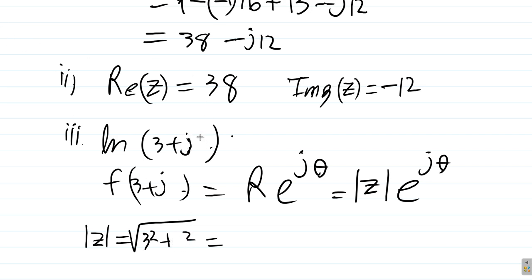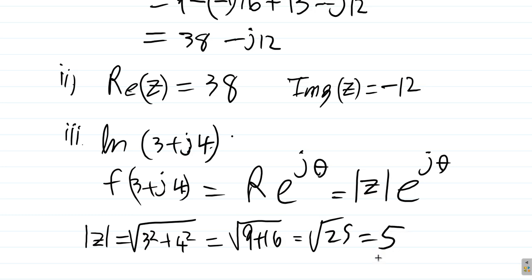So it's 3 squared plus 4 squared, which is 9 plus 16. The square root of 25, which is 5. So the magnitude of the complex number is 5.